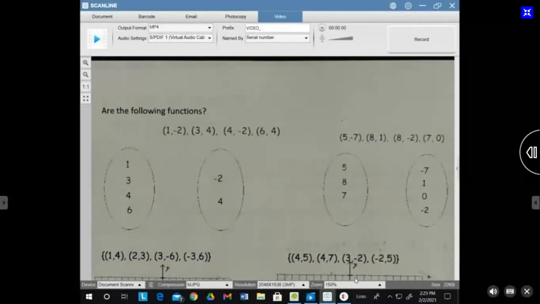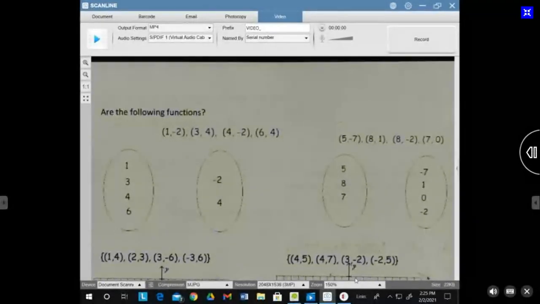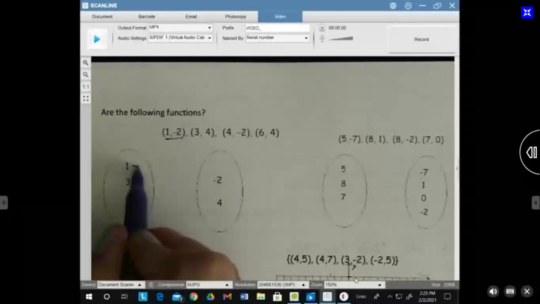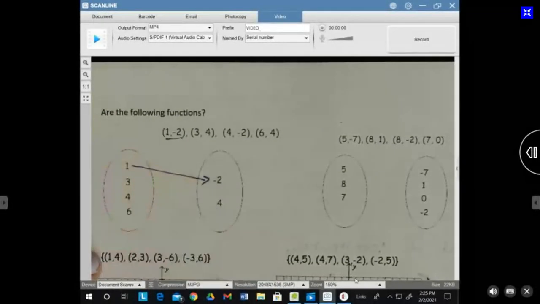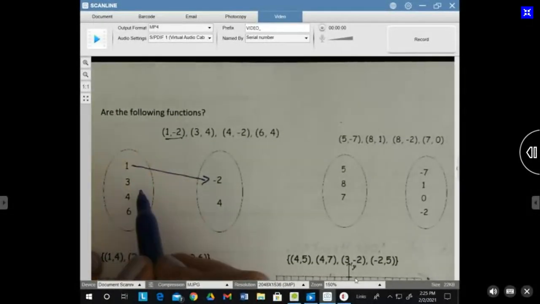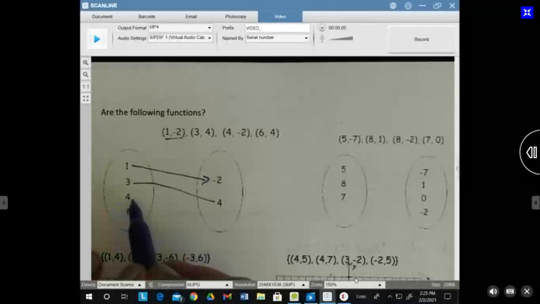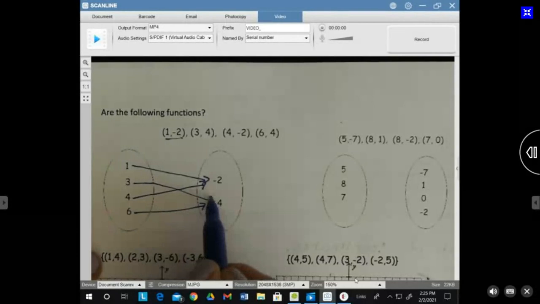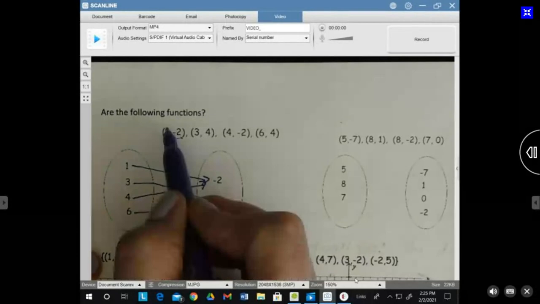All right, tell me, where should I draw my first arrow? There you go. This right here is telling me 1 to -2, 3 to 4, 4 to, and 6 to, right? Now look at these X's.